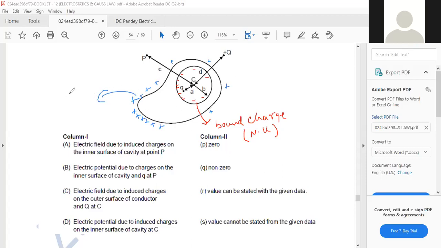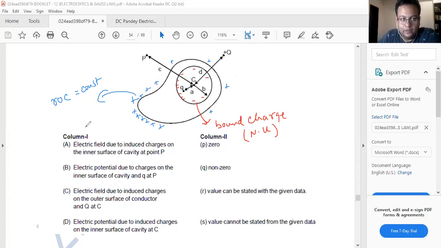Yes, two reasons. One, radius of curvature is not constant, or there will be induction because of Q. See if you're clear with this.